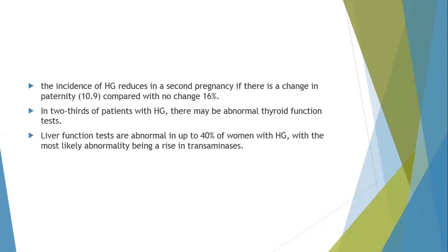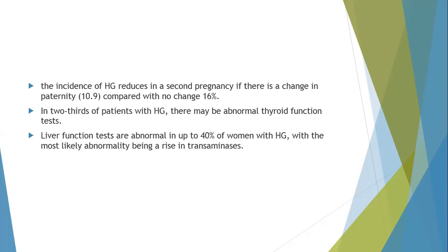Okay, the incidence of hyperemesis gravidarum decreases in the second trimester. In the second pregnancy, if the paternity is changed, if she married another guy, yes, this can decrease the incidence of hyperemesis gravidarum.